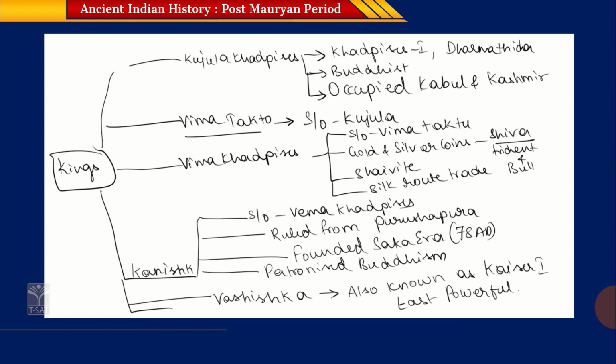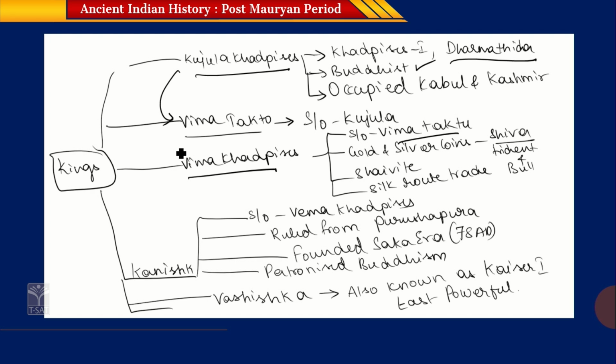The founder of the Kushana dynasty in India is Kujula Kadphises. He embraced Buddhism. He was a Buddhist and had in his control Kabul and Kashmir. His son was Vima Takto, and eventually we see another king called Vima Kadphises, who gave gold and silver coins.